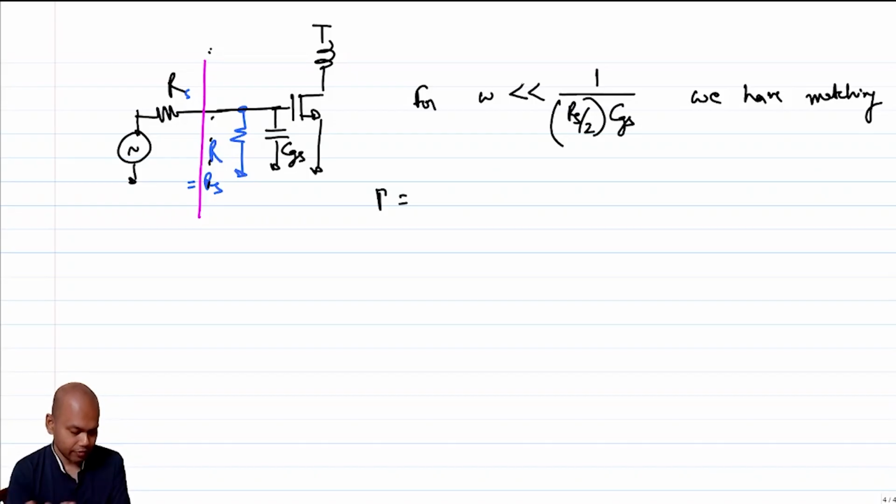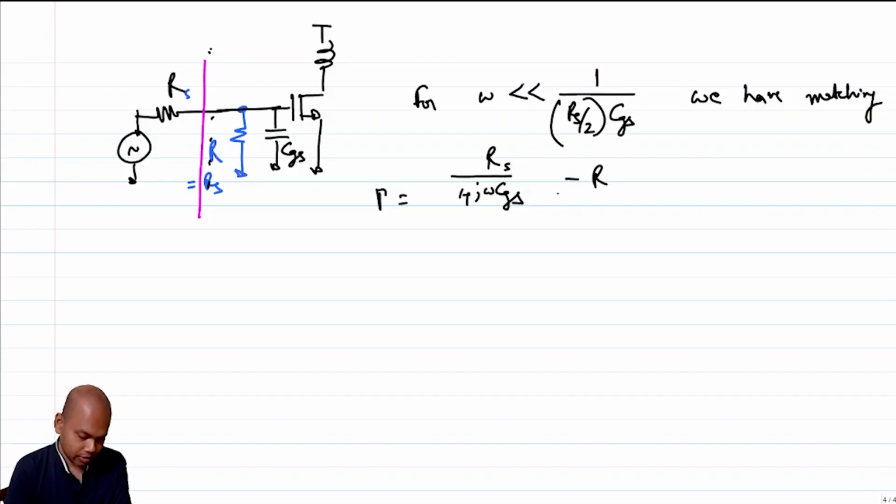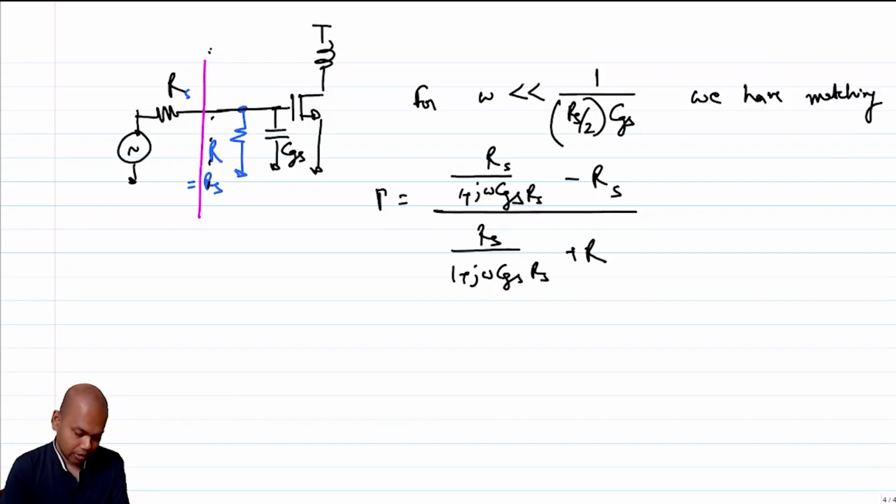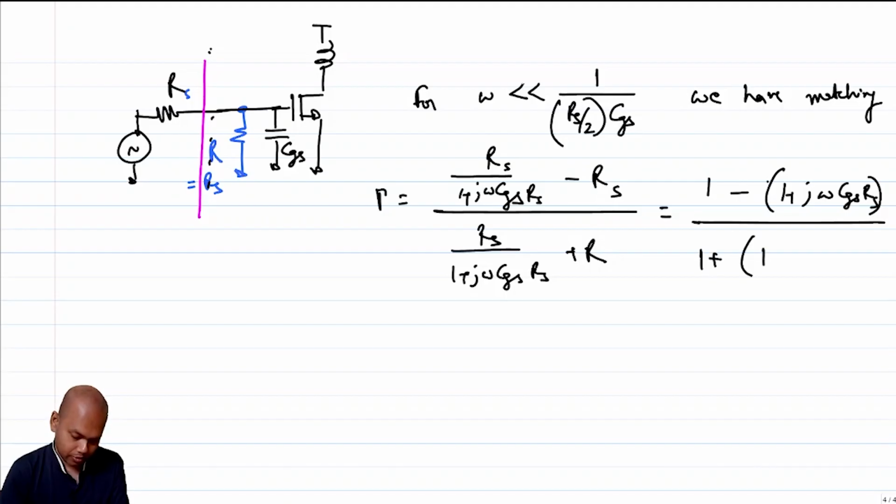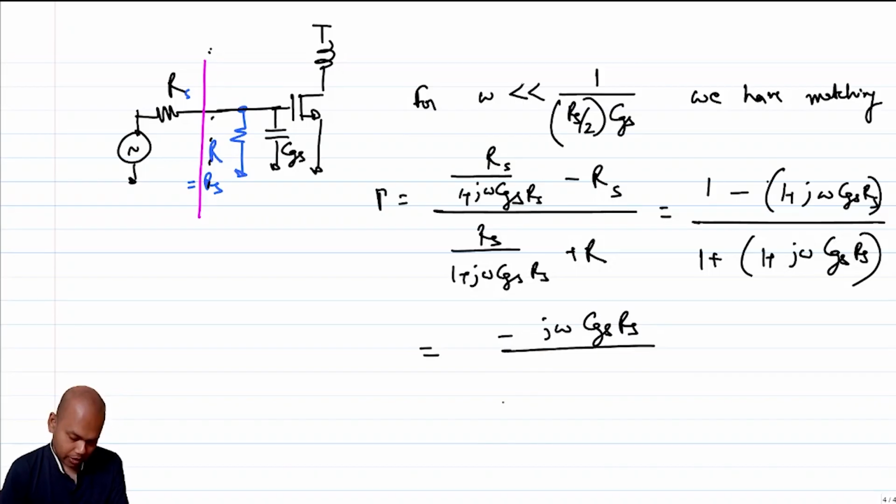In this case, ZL is effectively R parallel 1 over j omega CGS, that is R by 1 plus j omega CGS RS, minus R, or RS, by RS by 1 plus j omega CGS RS plus R, which effectively becomes 1 minus 1 plus j omega CGS RS divided by 1 plus j omega CGS RS, which is minus j omega CGS RS by 2 plus j omega CGS RS.